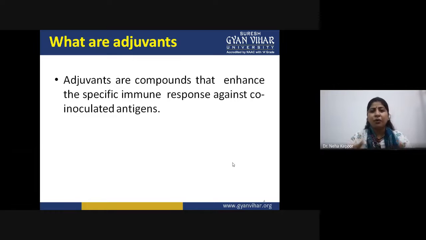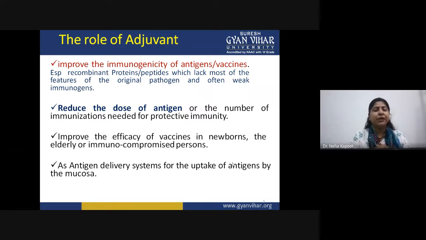So our body will be mounting an immune response against the slow release of antigen, which is controlled by the adjuvant material. Now the role of adjuvants. The first point is that they are involved in the slow release of antigenic material.